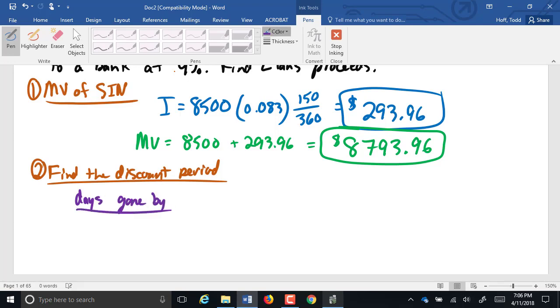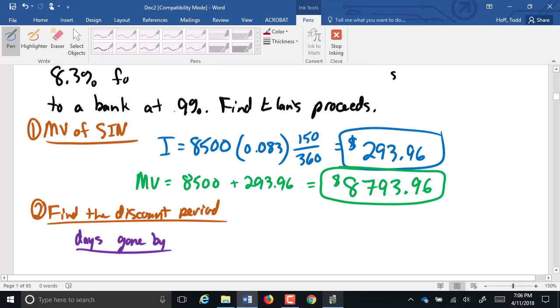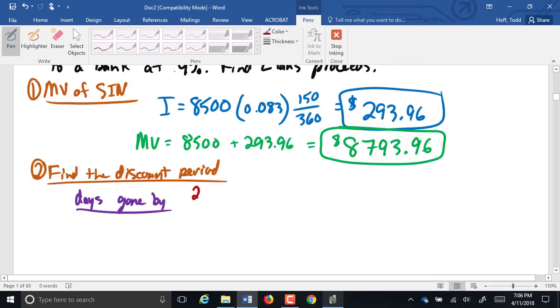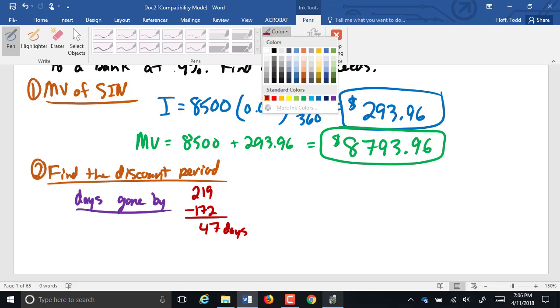That's found by subtracting August 7th, 219, minus June 21st, 172, which is what, 47 days? Perfect.